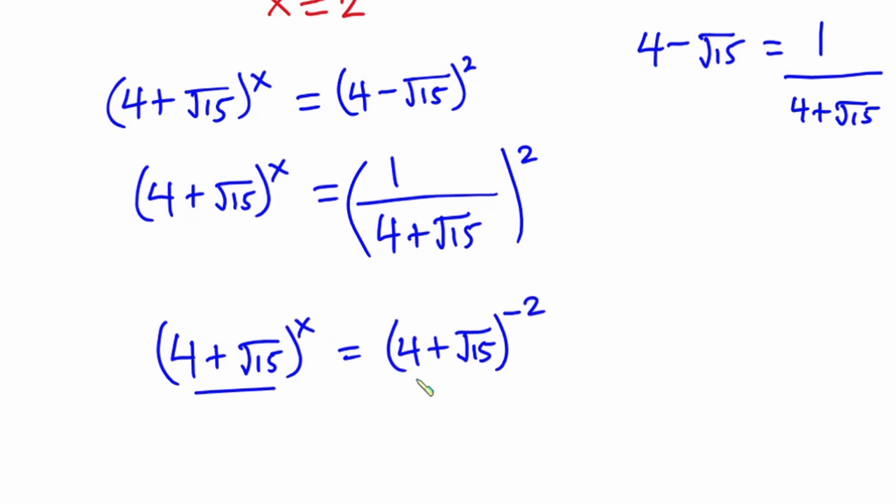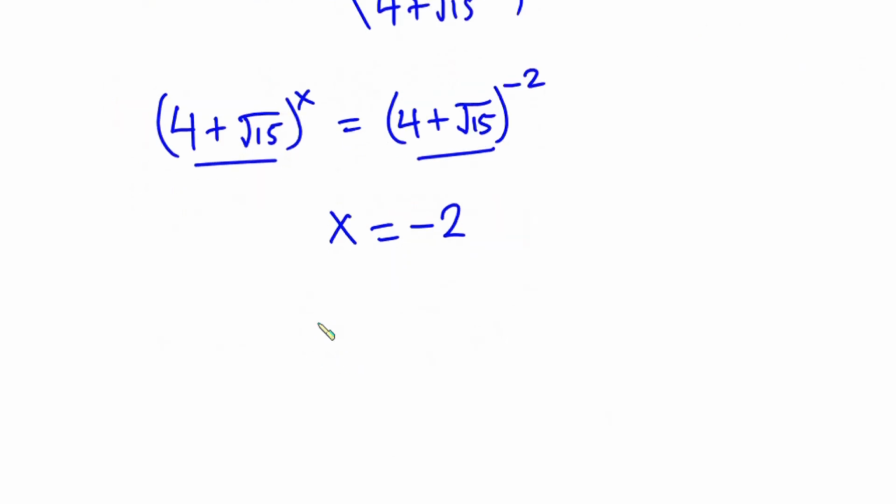So since the bases are the same, as you can see, we can equate their exponents, okay? So we can say that x is equal to negative 2. Alright? So in all, we can say that x is equal to plus or minus 2.